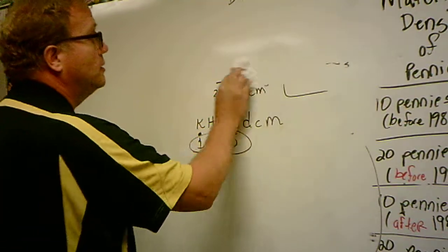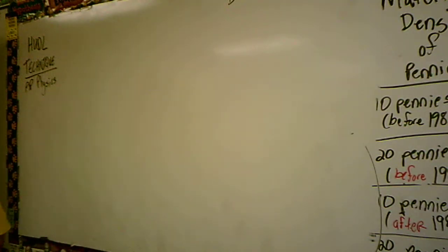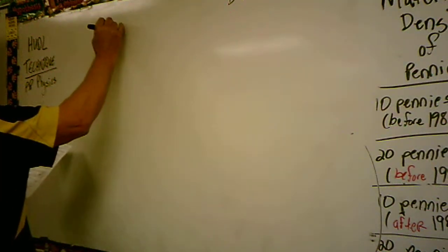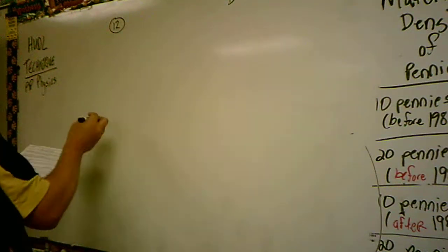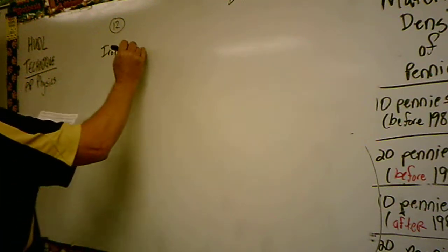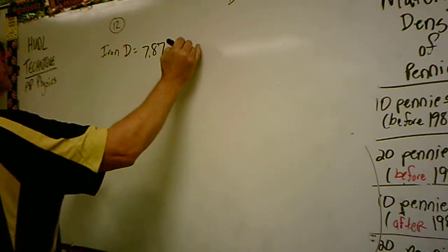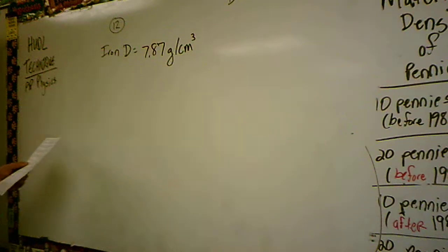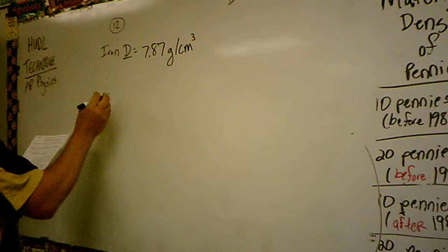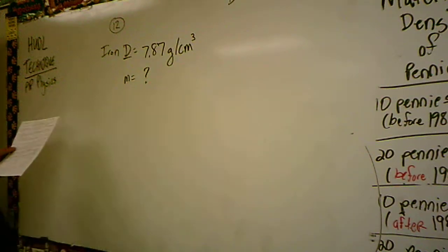We're going to need a little bit more room for the next one because there's a lot more work to do on it. This was question number 12. And it has iron with a density of 7.87 grams per cubic centimeter. And again, I'm just writing down my variables. So I have my density. My mass is what we're trying to find, so I'll put that as a question mark.